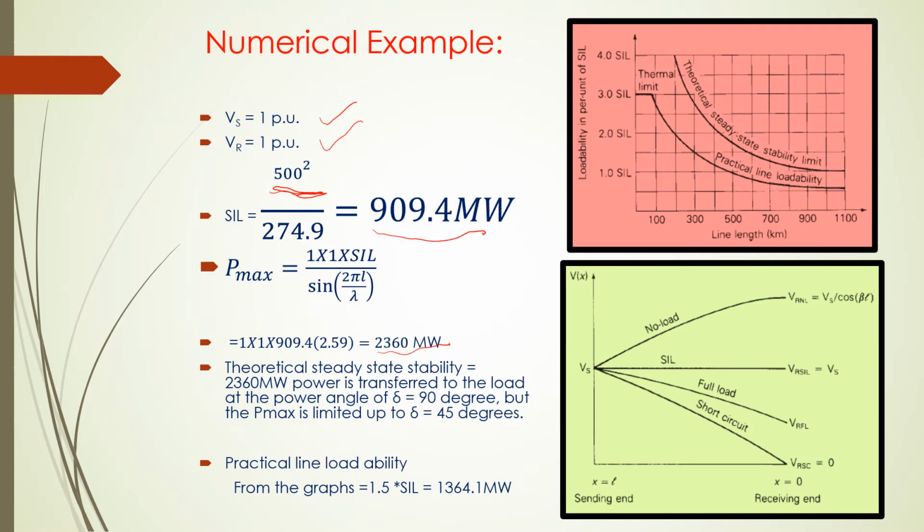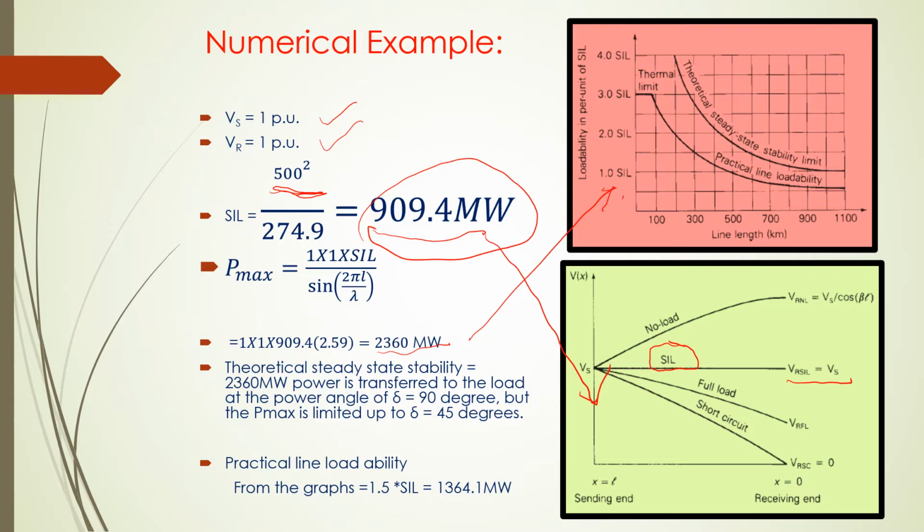The first one we see is SIL, the surge impedance loading. If our load is at this value, then Vs equals Vr. The sending end and receiving end voltages are equal, and the net reactive power flow in the line is equal to 0.